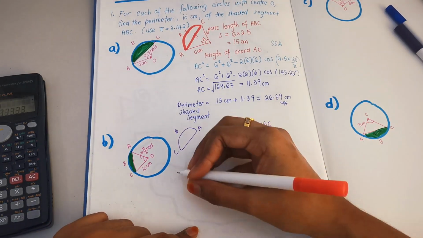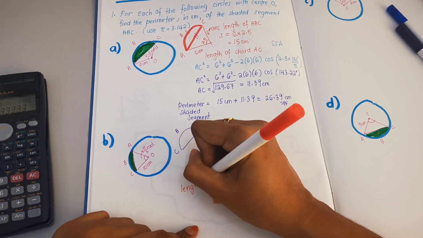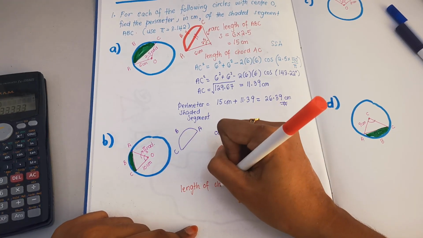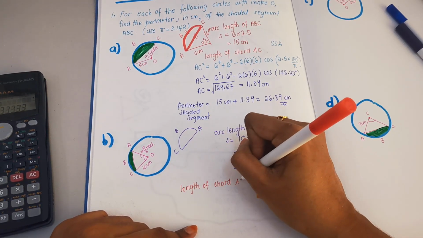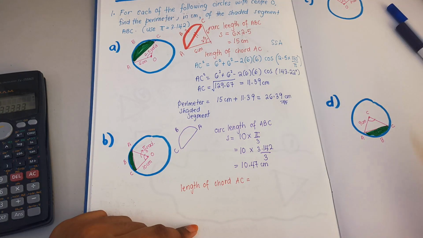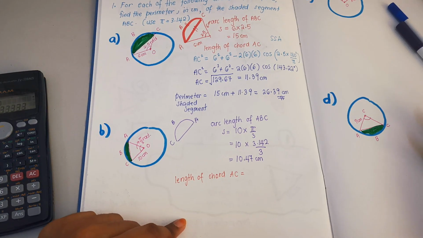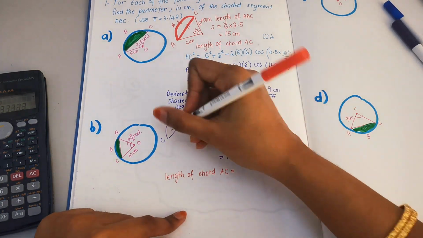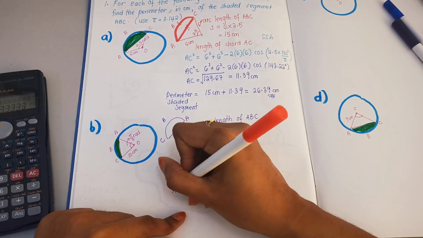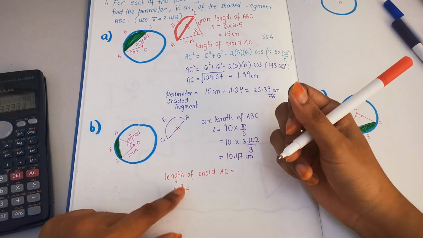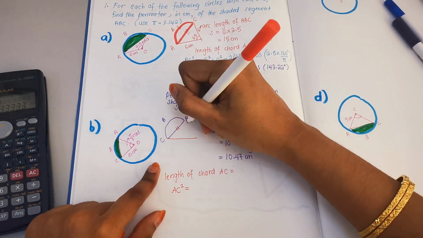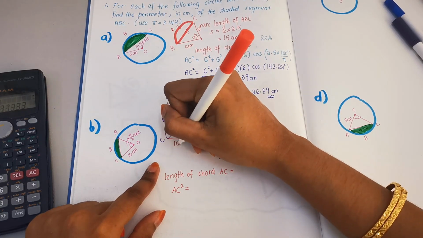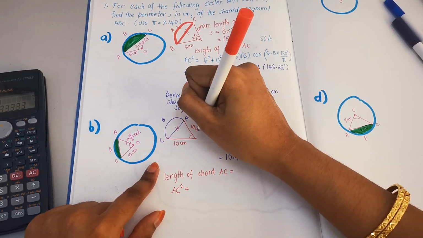So for the length of chord AC, we are going to use the cosine rule again, because that's really easy. So we write AC square equals, take the length of both sides, which is 10, 10.